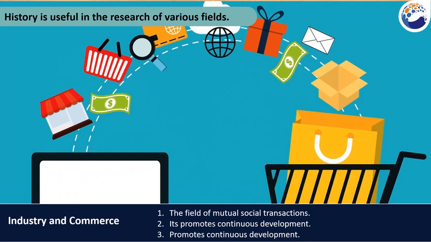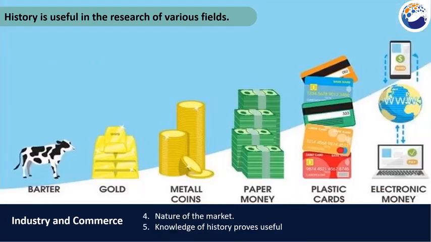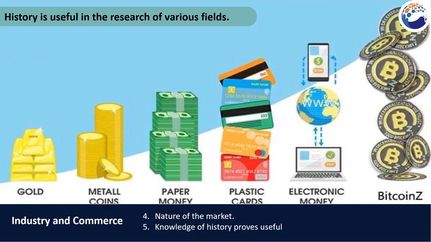It is essential to understand the history of these processes. 4. The nature of the market and commerce has continued to change. Accordingly, the nature of human relationships and the social organization also has continued to change. 5. To understand this development, it is necessary to study the history of culture, social organization, and economic institutions.